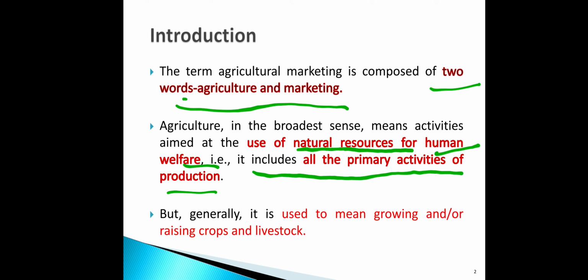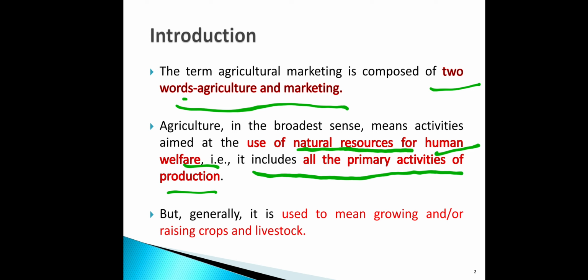It is not an accurate definition of agriculture, but in the broadest sense we can say agriculture is a sector where different activities are carried out using natural resources for human welfare, and those activities normally involve the production of agricultural products.